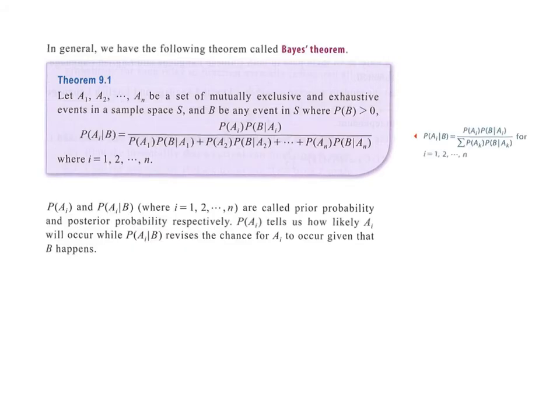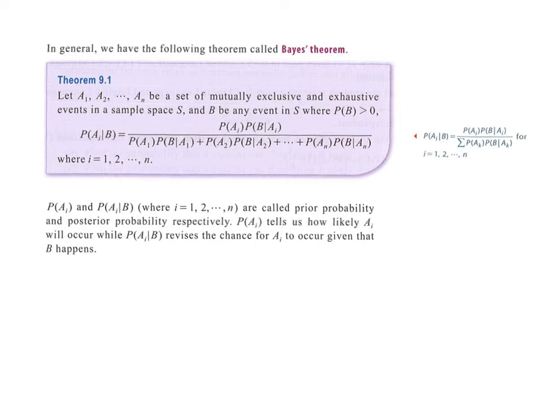So that means if there are a lot of mutually exclusive events A1 to AN, it can be 1, 2, it can be 2, 3, 4, and so on. I want to find out particularly if B happened.